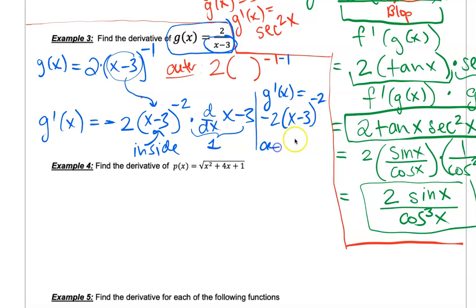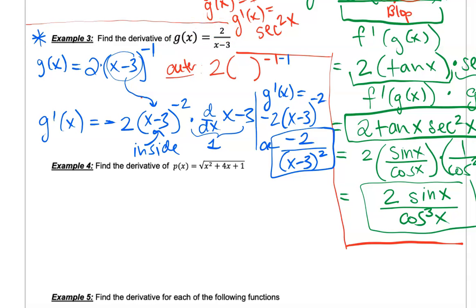Or you could write that as negative 2 divided by the quantity x minus 3 squared. So actually, put a little star by this one. This would probably be an easier method for finding the derivative of this function than the quotient rule would be. Because we don't have to really do much simplifying. We just take the power rule and then we're pretty much done.